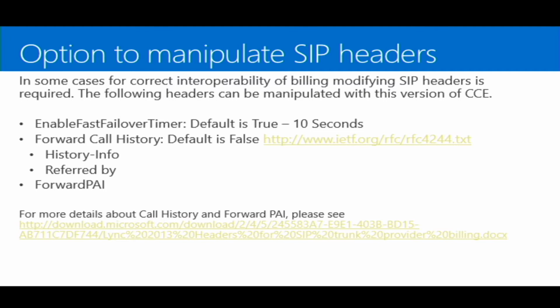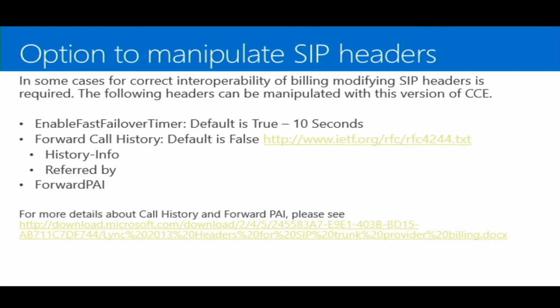But if you do turn it on, you're allowed to track the history of the call, how it flows through the system, who referred it and forwarded it, and all this other stuff. And that gets in the SIP header. And as that SIP header travels through the system, whether it be to the gateway or to the SBC, you'll be able to glean certain billing or routing information that you may or may not want to do based on where things came from.